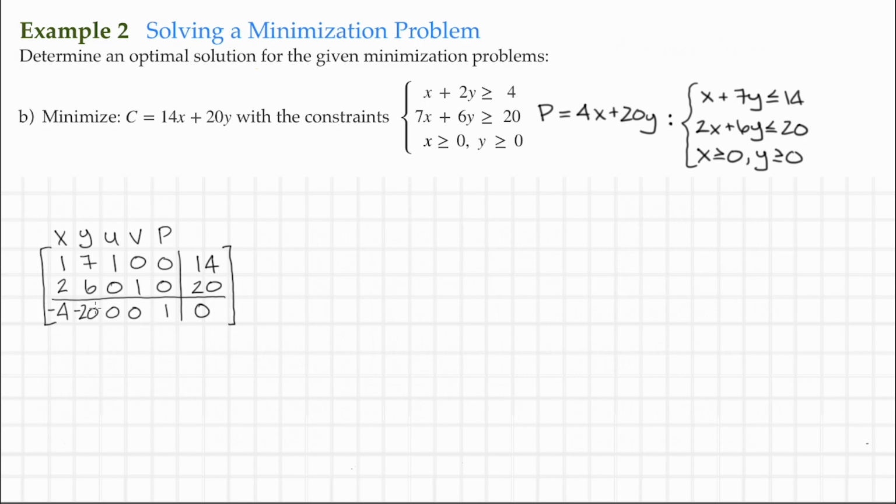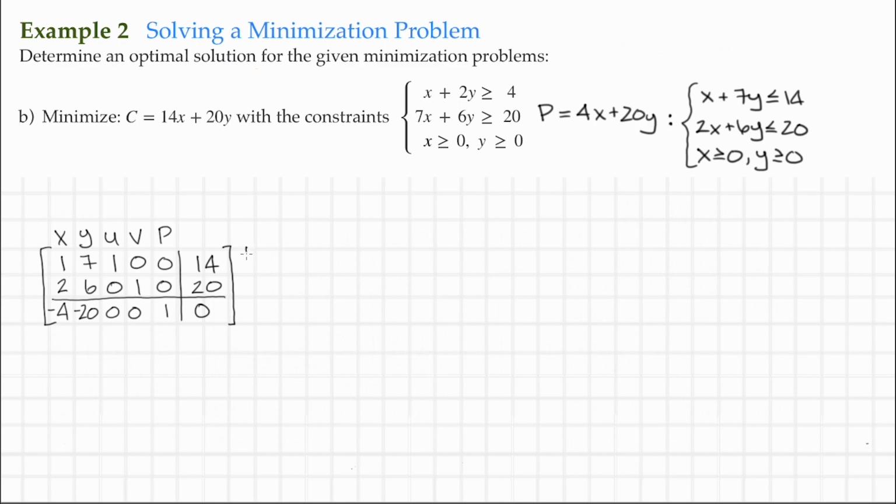Here is our most negative value in the last row, so this will be our pivot column. So then we'll take each element here. We have 14 divided by 7, that's 2. And 20 divided by 6, that's around 3.3. So then 7 is going to be our pivot element.